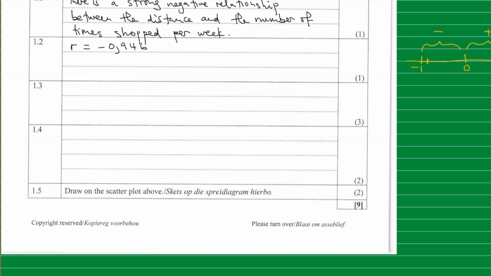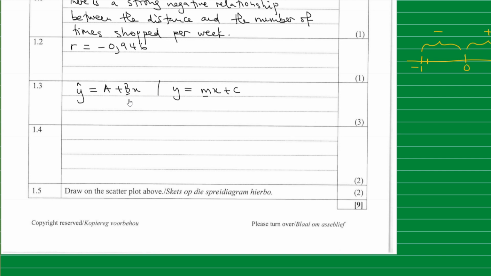Now, the least squares regression line is written in the form y hat is equal to a plus bx. Okay, so it's more like the equation of a straight line, y is equal to mx plus c. So a is the constant, which is your y-intercept, and b is the gradient of the line.